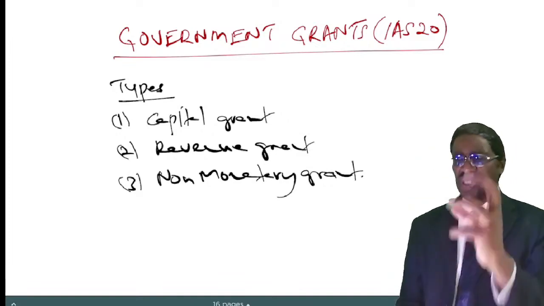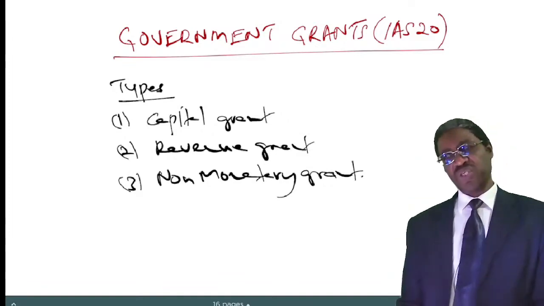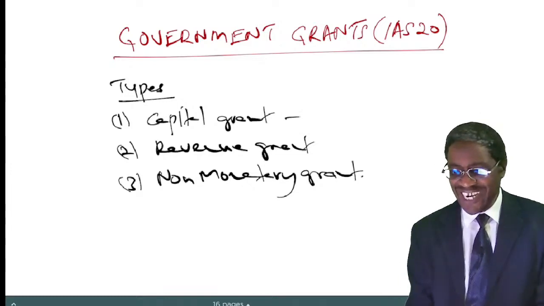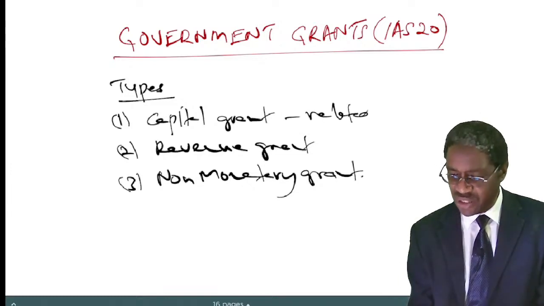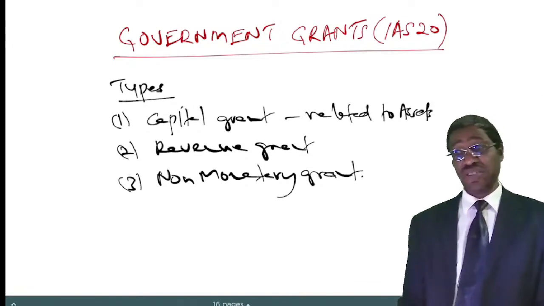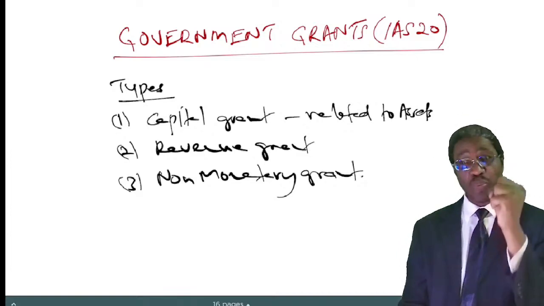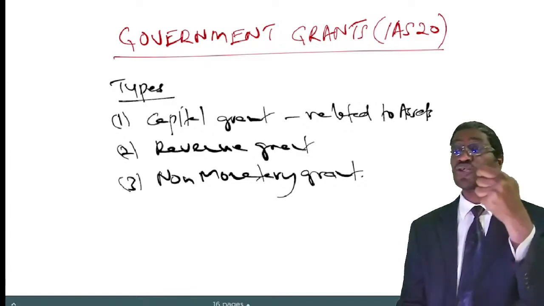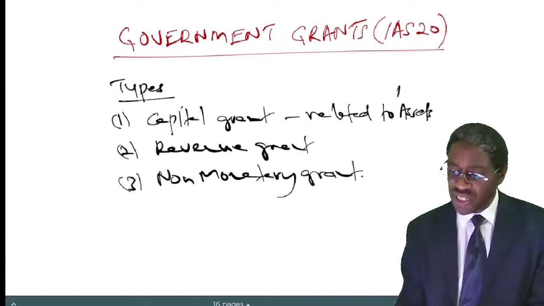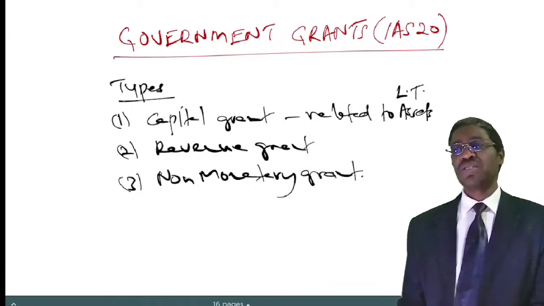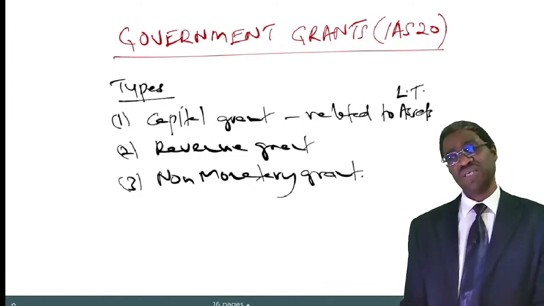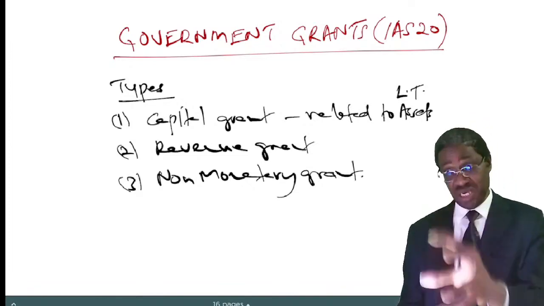Now, when you receive a capital grant, we say these are grants related to assets. Any grant that you are given to purchase or to construct a long-term asset is what we call a capital grant.